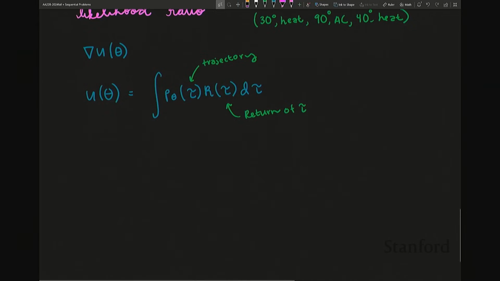So we have the return for that trajectory, and then this term is going to be the likelihood of the trajectory as determined by the policy parameterized by theta.